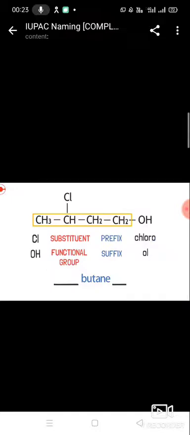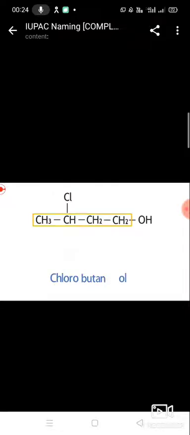OH is alcohol, so we have to add OL. Chlorine is a substituent. So chloro, but, OL means alcohol, in that 4 carbon in a straight line, so it is known as but. So chloro, but, OL.